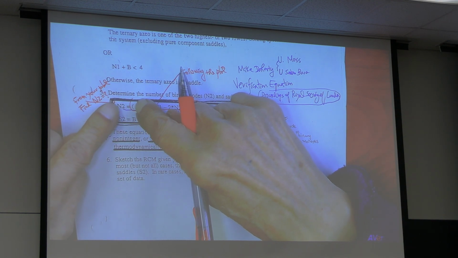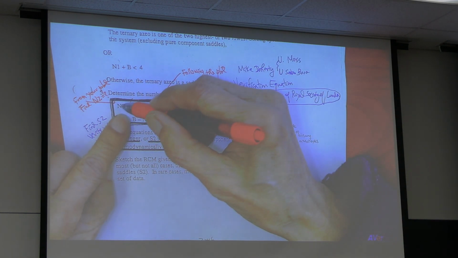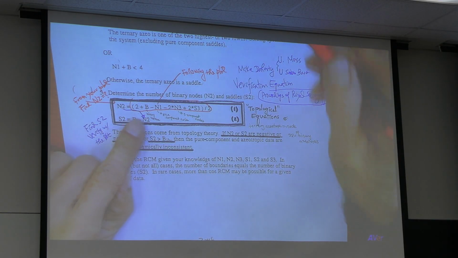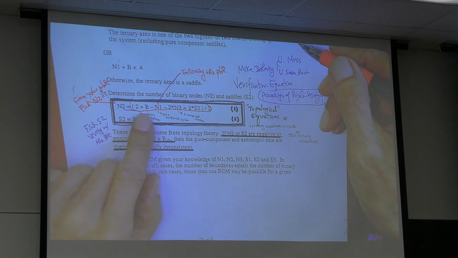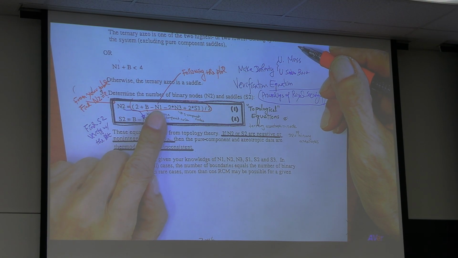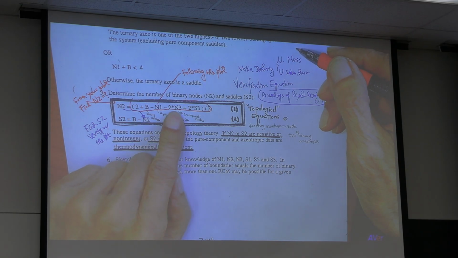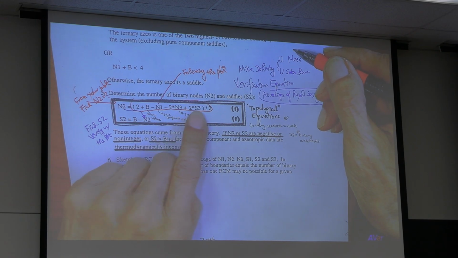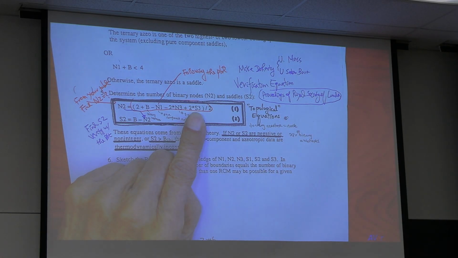Calculate N2. Two-component node. 2B binary azeotrope. N1 pure component node. N3 ternary azeotrope node, minimum boiling or high boiling. S3 three-component saddle.